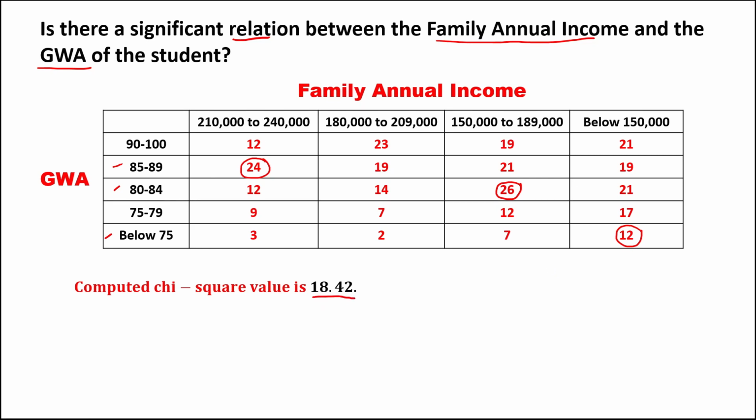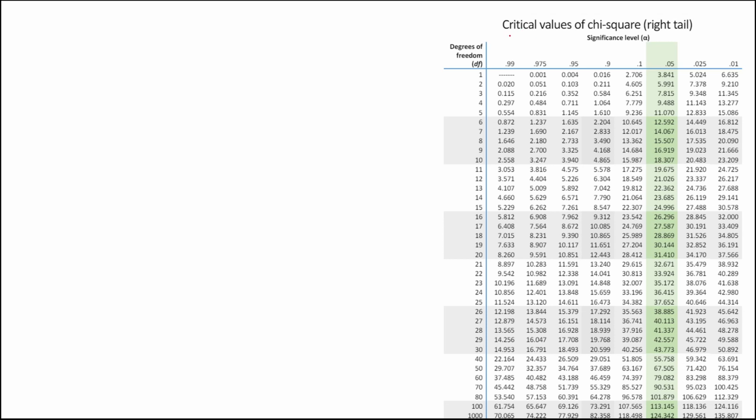Then this time, we need to find the chi-square critical value, but first we need to find the degrees of freedom. The formula to solve for the degrees of freedom is DF equals the number of rows minus 1 times the number of columns minus 1.